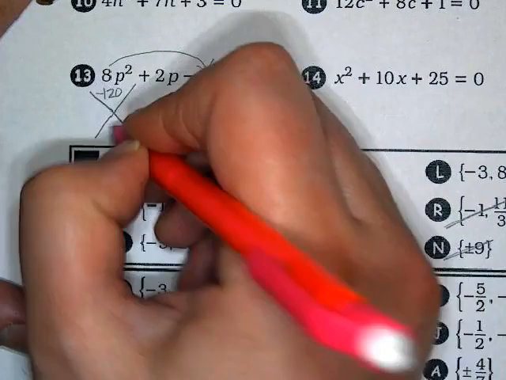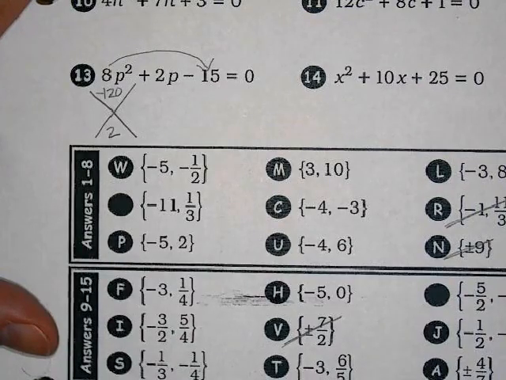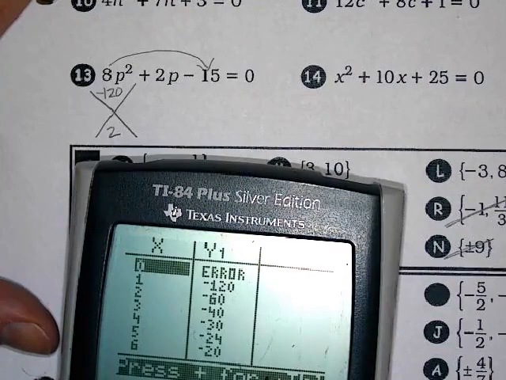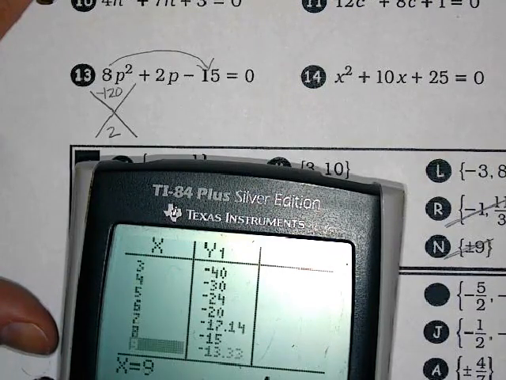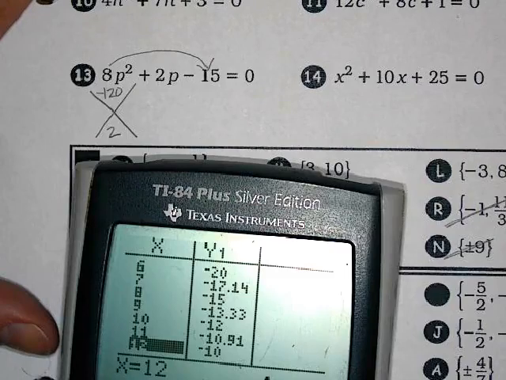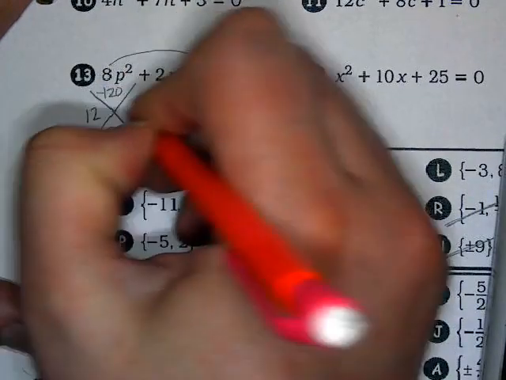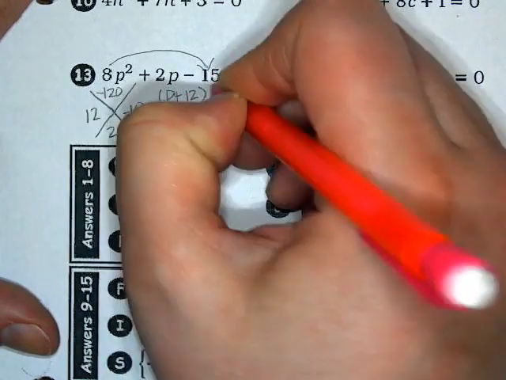We're adding to 2. You're close. 12 and -10, okay. So we have p plus 12, p minus 10, okay.